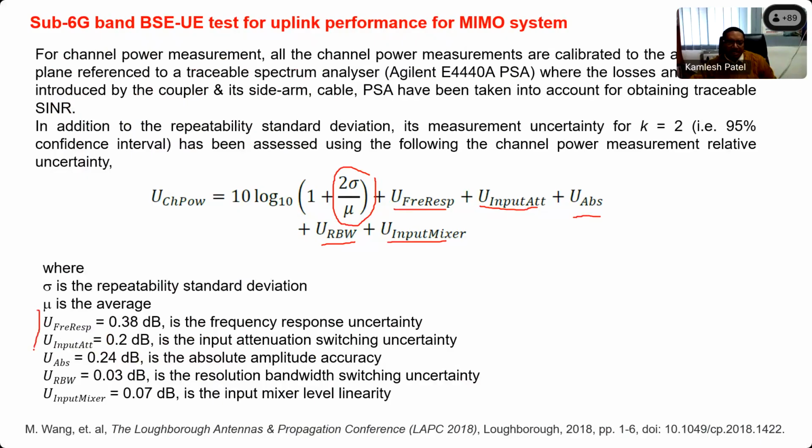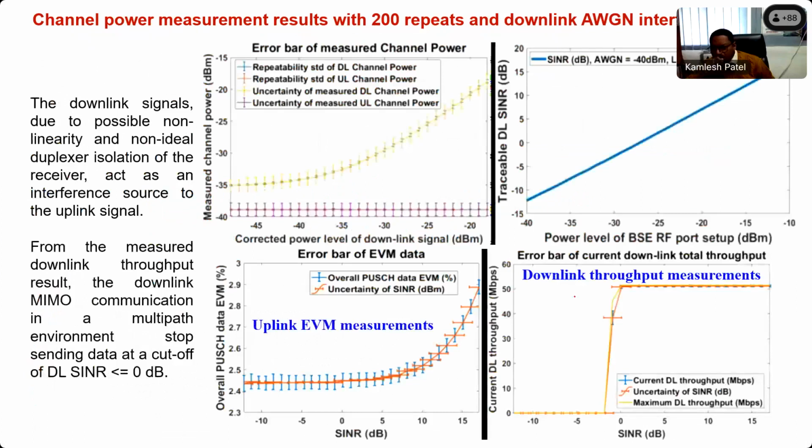So these values are taken for all these parameters, whereas sigma and mu represent the repeatability standard deviation and the average value. On getting this value, the uncertainty is estimated, which is termed the general power measurement relative uncertainty. The bars in this graph represent the uncertainty associated with each measurement.